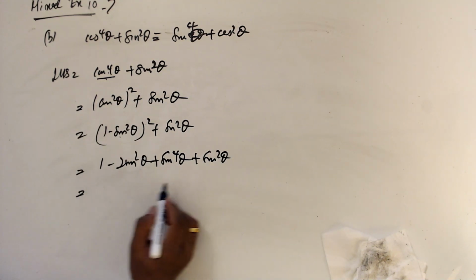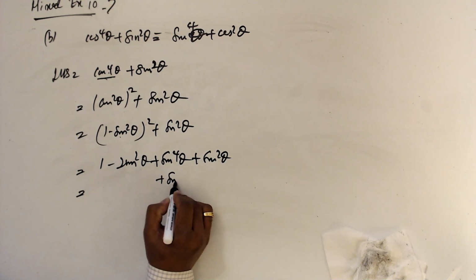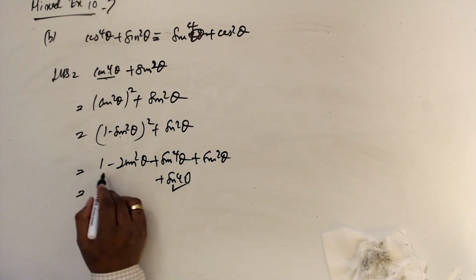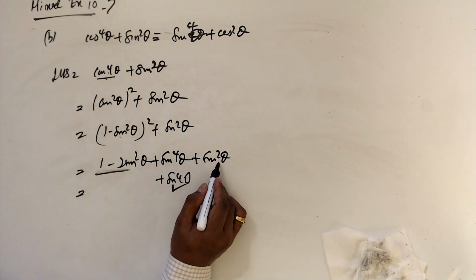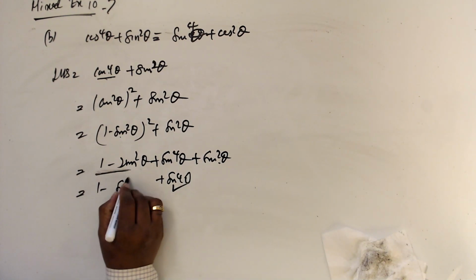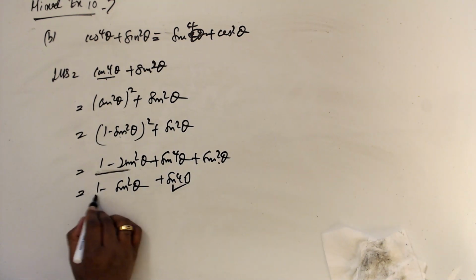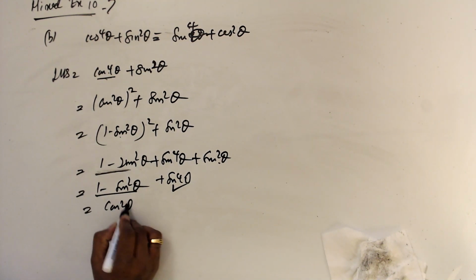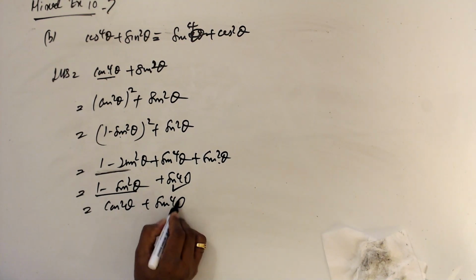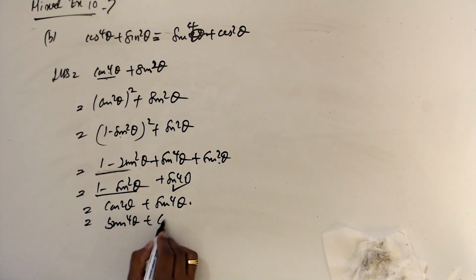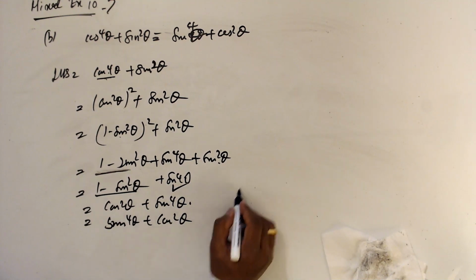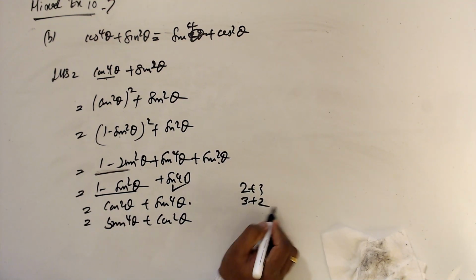Now, this sine 4 theta is done already. So this becomes minus 2 sine theta, sine square theta, 1 minus sine square theta. And this becomes what? Cos square theta, sine 4 theta. So it means sine 4 theta plus cos square theta. I just write 2 plus 3 equal 3 plus 2.